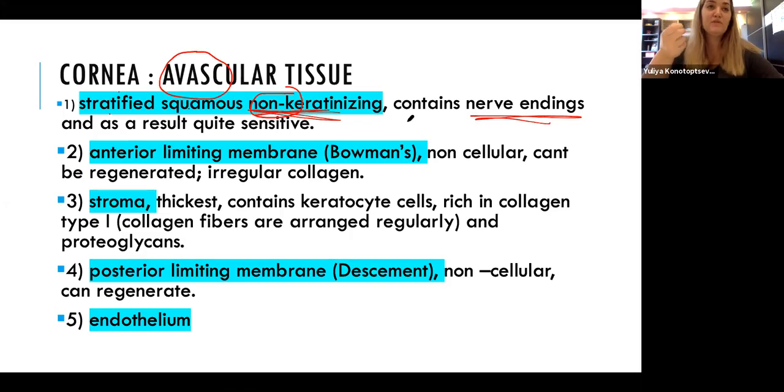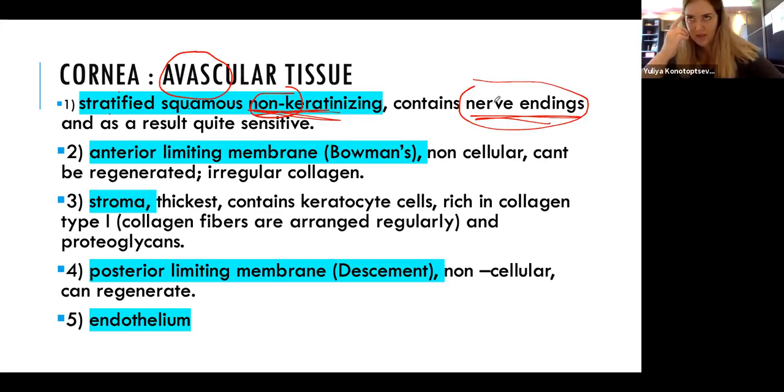So the palpebral reflex means that if you swipe the cornea with something cotton, like your Q-tip, for example, your eyes will shut. Why? Because of these nerve endings. These nerve endings start in the outer layer of the cornea, but they go all the way to your brain, to create that reflex.